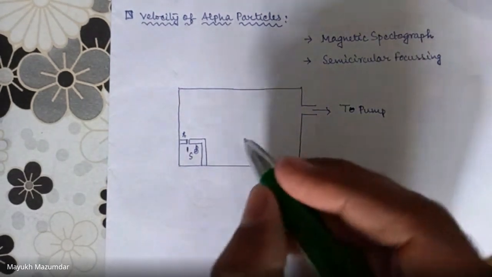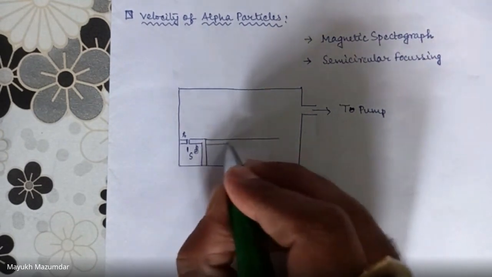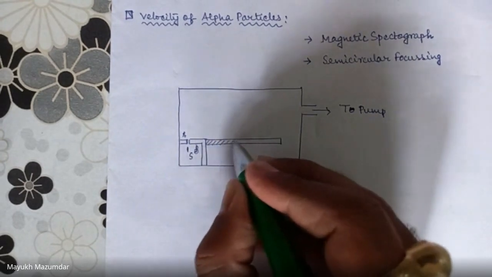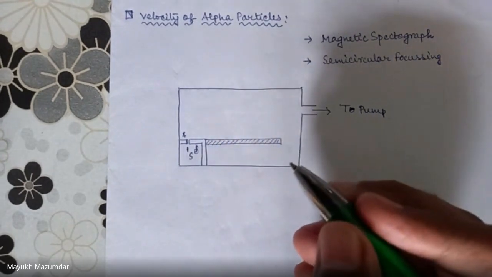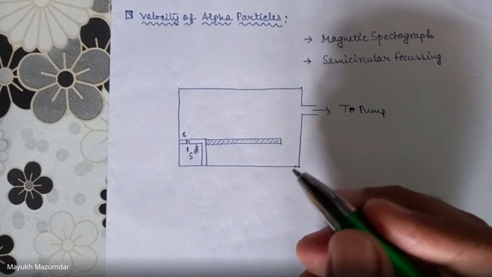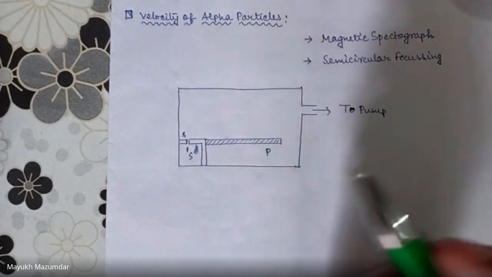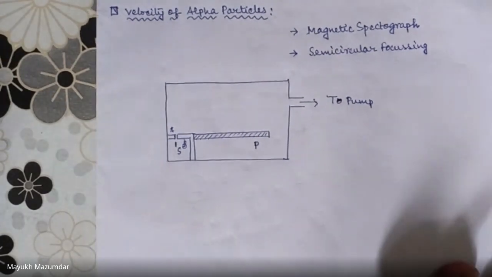Now what we have here? Here we have a photographic plate. And we have kept the magnetic field such that it is at right angles to the direction of the alpha particles.